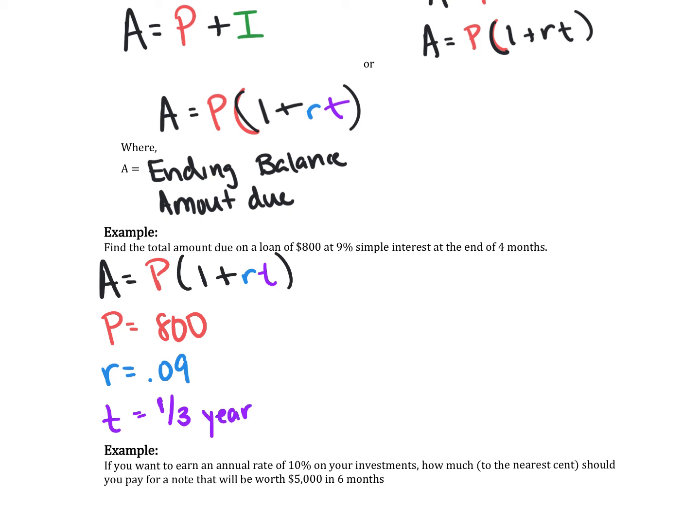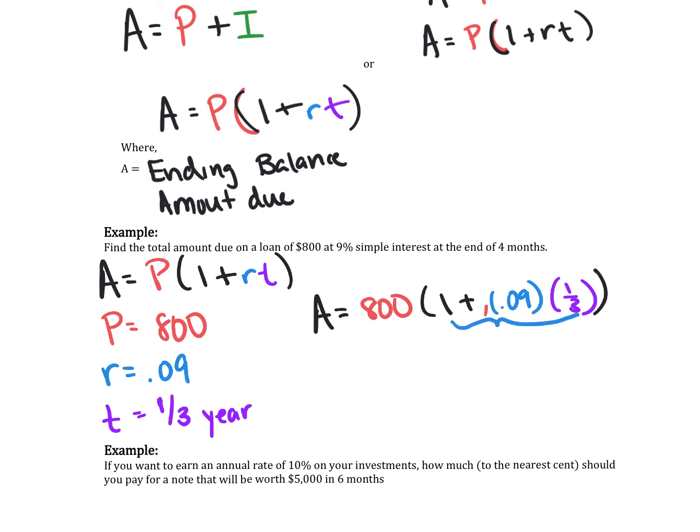So when we write this out, plugging in what we know, A is equal to 800 times 1 plus your R, 0.09, times your T, which is 1/3. So when we calculate this, in this particular problem, we're always going to calculate the inside of this first. In particular, we want to calculate this part first right here. So I want to do 0.09 times 1/3 first.